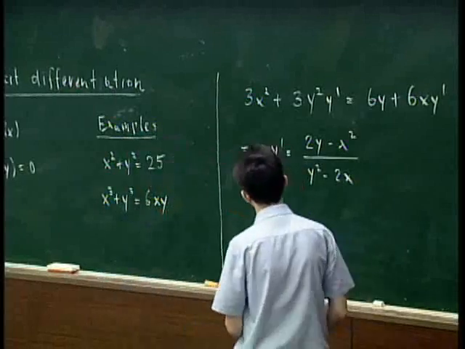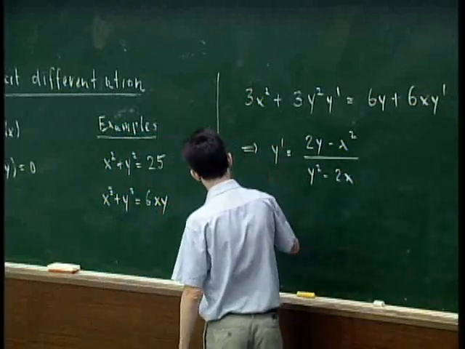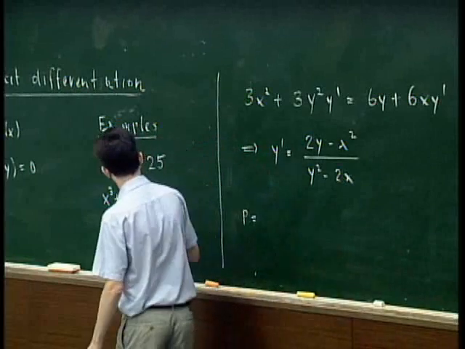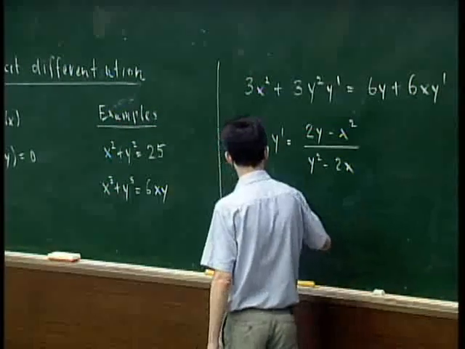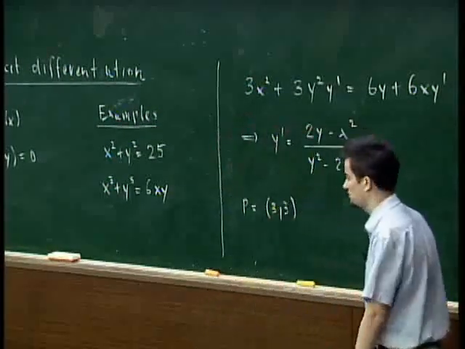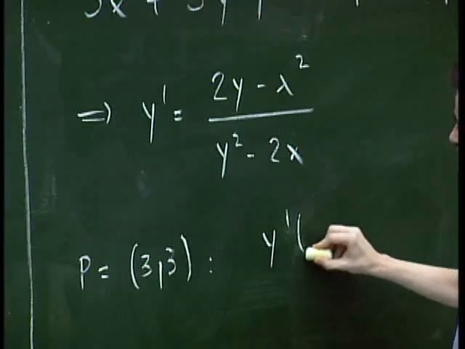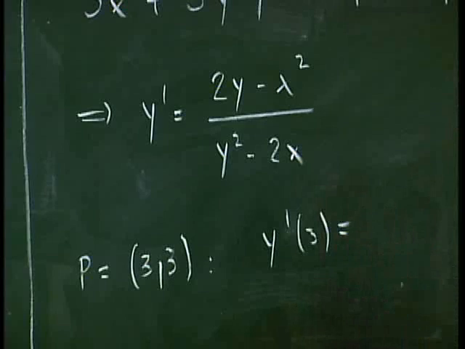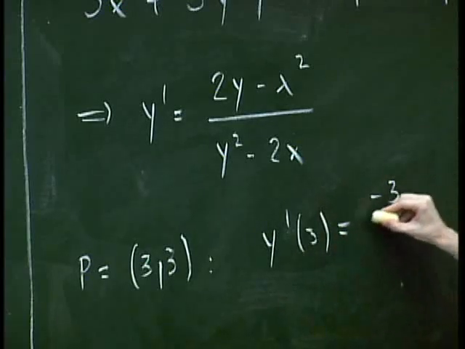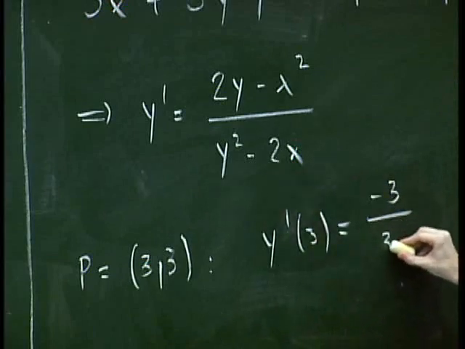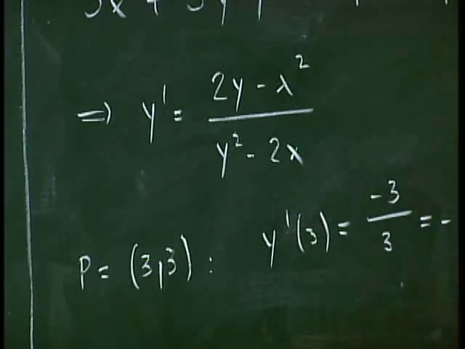Now, if we again choose some point, let's say which point does lie on this curve, you easily check 3, 3. Okay, so just by using this expression here, you have the derivative at 3 is equal to, so you have 6 minus 9 is minus 3. And here the same, plus 3, so you have minus 1.